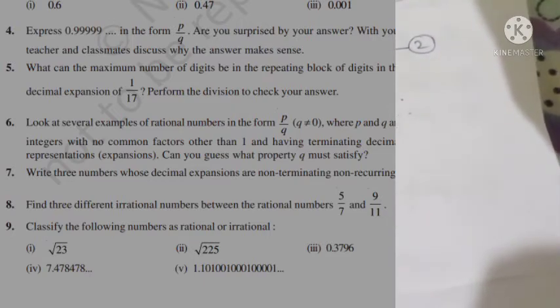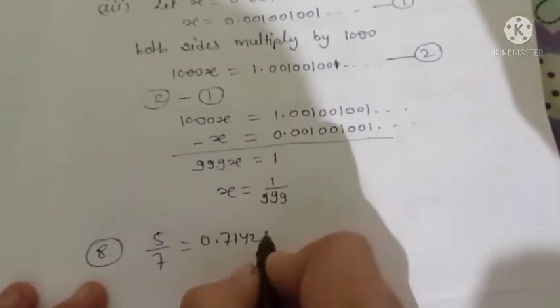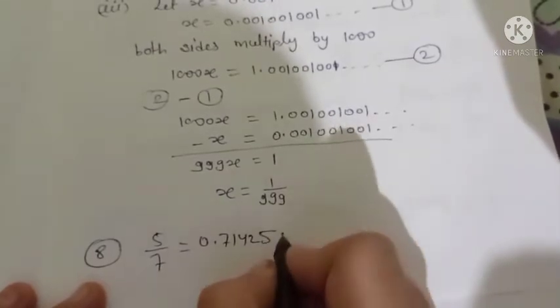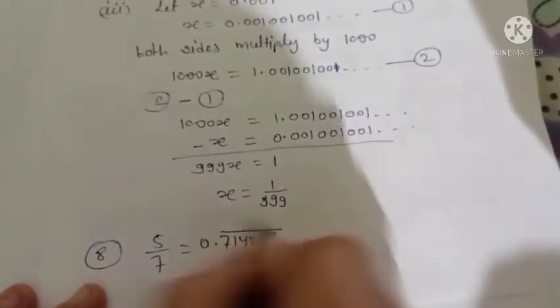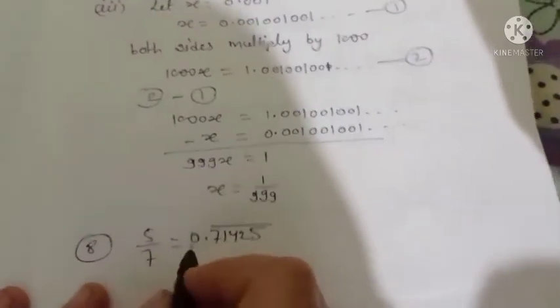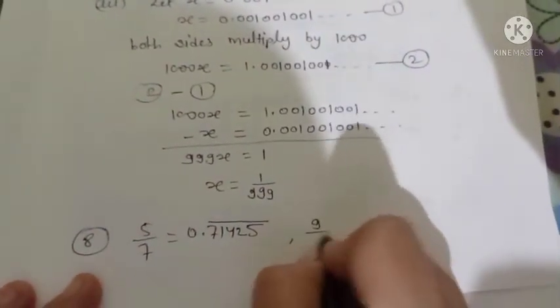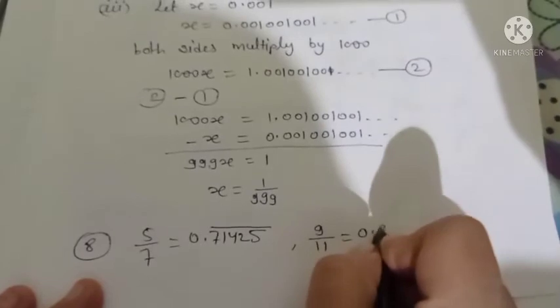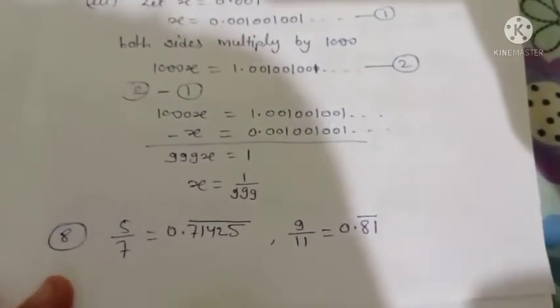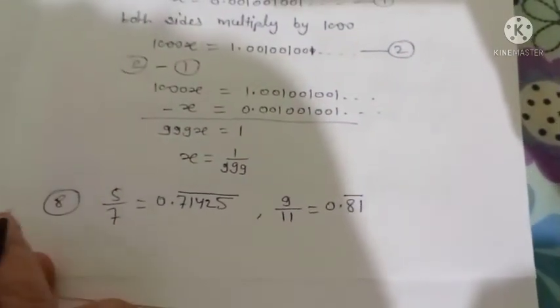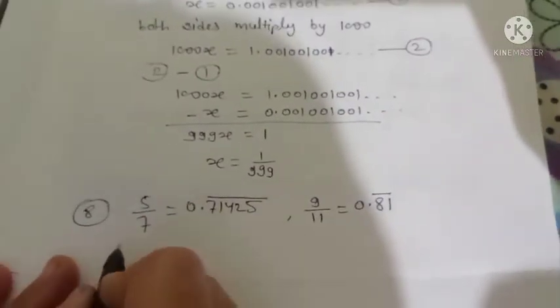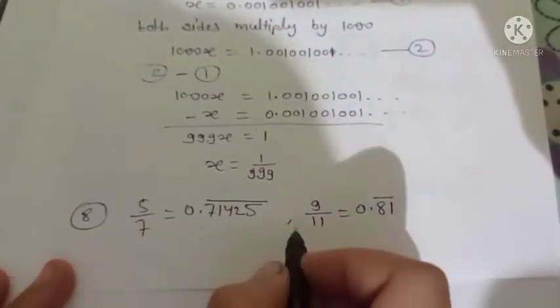We have to calculate 3 irrational numbers between 5 upon 7 and 9 upon 11. The decimal form of 5 upon 7 is 0.714285 bar, and 9 upon 11 is 0.81 bar.